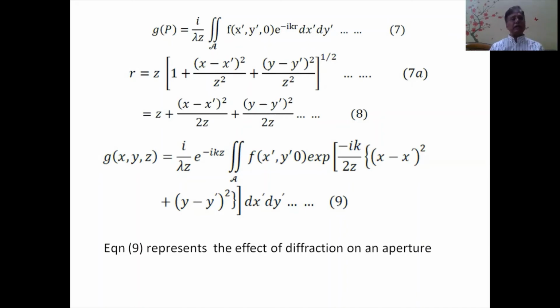Now r can be written, if we take z out of the square root, as z times [1 plus (x minus x dash) whole square by z square plus (y minus y dash) whole square by z square] to the power half.